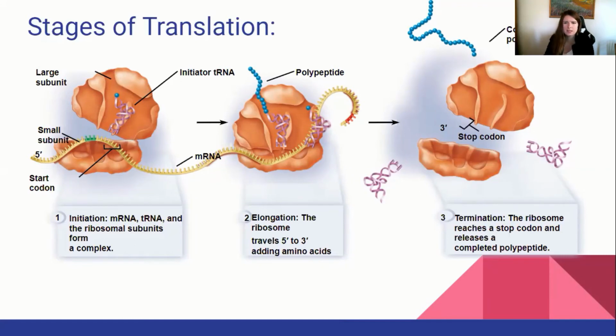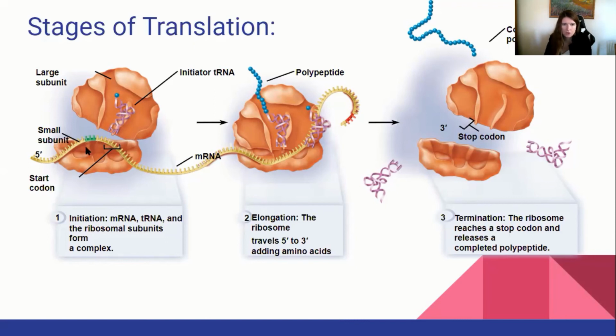What happens is that our ribosome is actually a big piece called our large subunit and a little piece called our small subunit. So it has 2 halves that are kind of floating separately around for a little bit. When we want to start translation, they snap together into one ribosome. And they snap together with the mRNA and our first little tRNA with our first little amino acid stuck in the center.